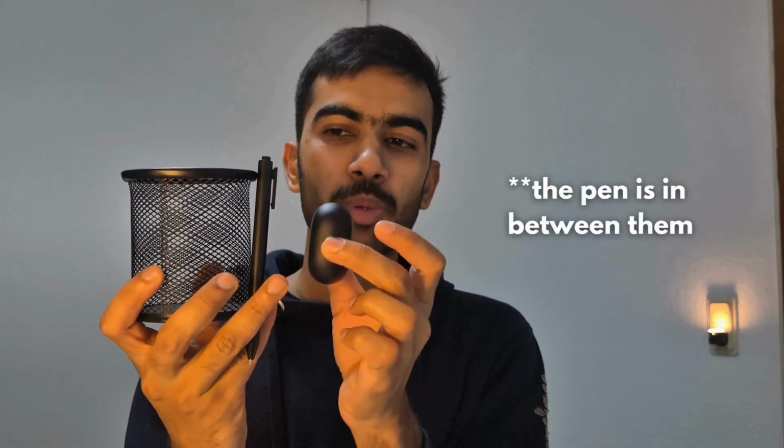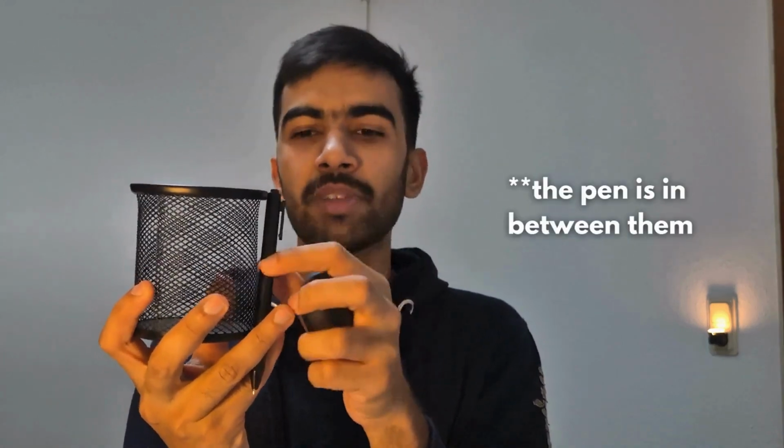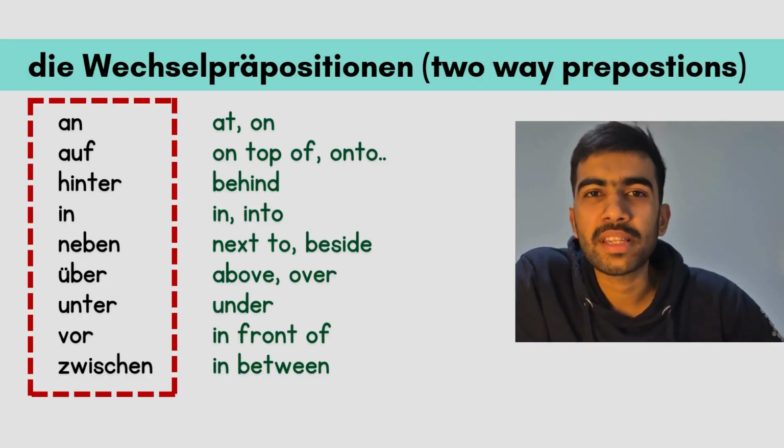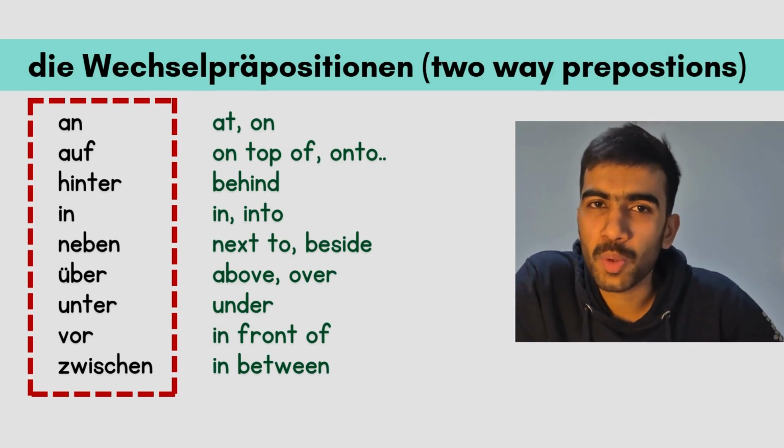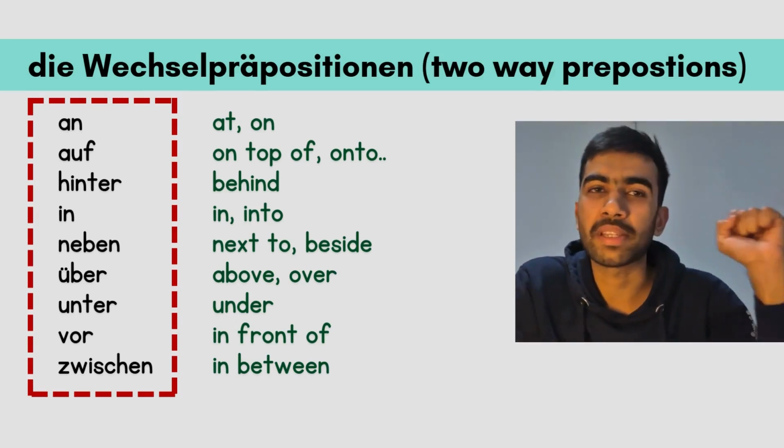The pen is between these two things. That's it. And here you can see all those 9 Wechsel Präpositions and the English meanings.